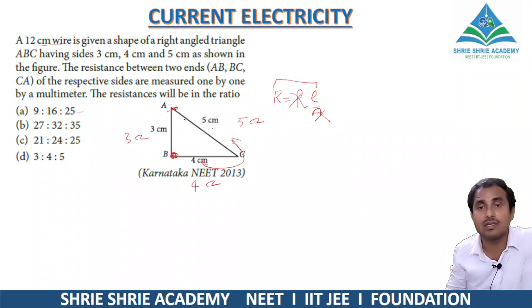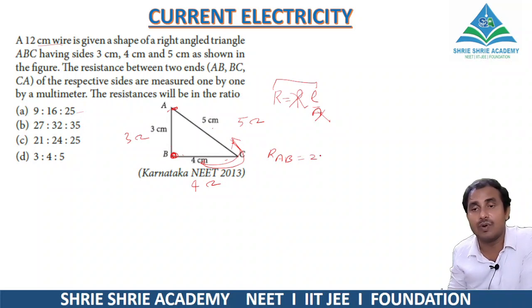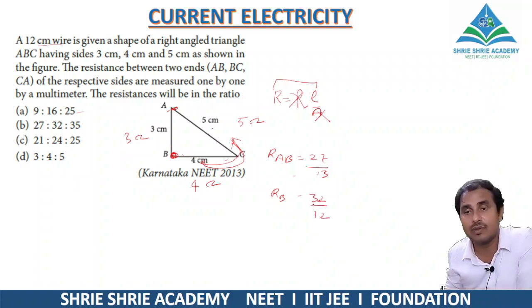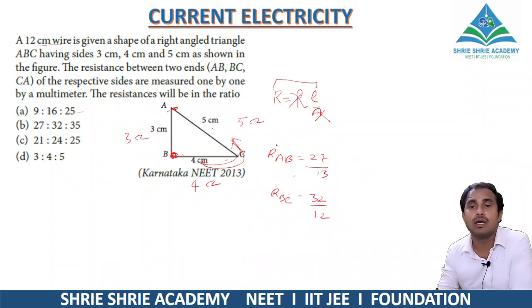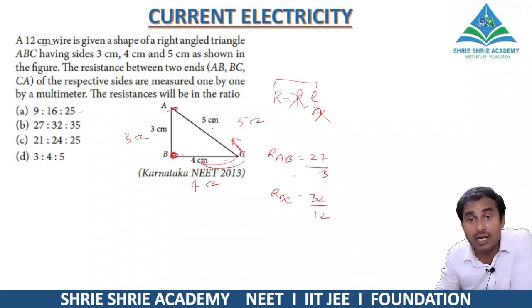Now between this AB you have to find out; these two become in series connection. So resistance across AB is equal to 5 plus 4, 9. Then 9 and 3 are in parallel connection, so here it is 12, not 30.